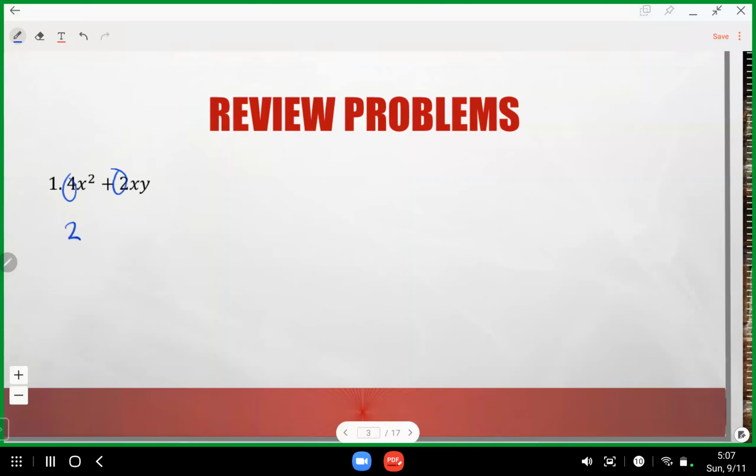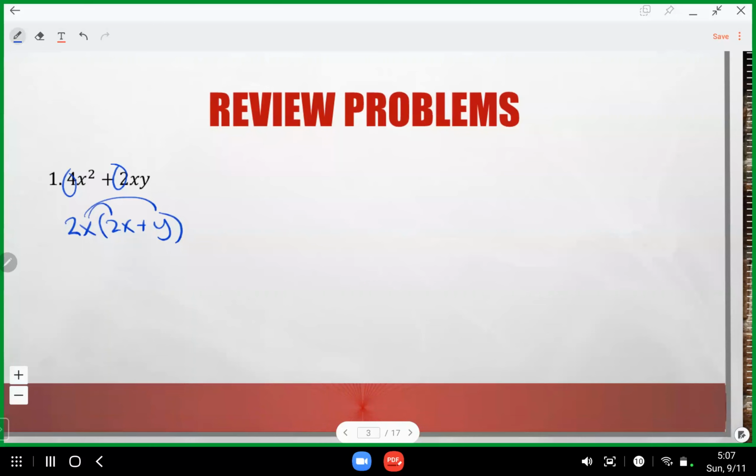And then for x, it's going to be x. And then y, there is no y. Okay, so once you do that, you take it out. It's going to be 2x times 2x plus y. And if you want to check your work, you can multiply it out again. And that's how you factor it.